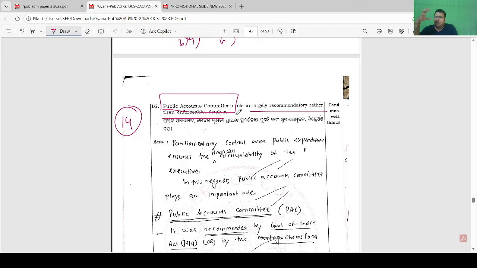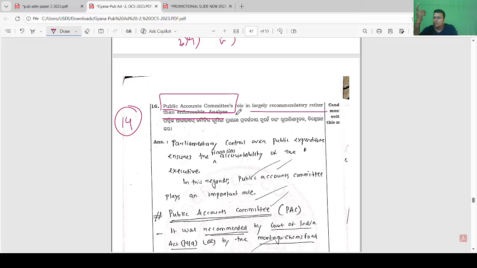The Comptroller and Auditor General submits its annual audit report to the President. The President tables it before Parliament, and in Parliament three important committees, PAC, EC and CPU, study the audit report of CAG, and through these committees Parliament can make the executive financially accountable.